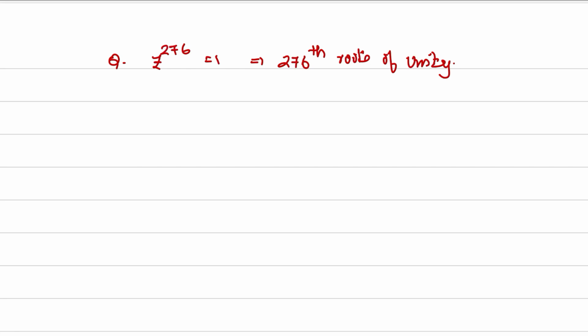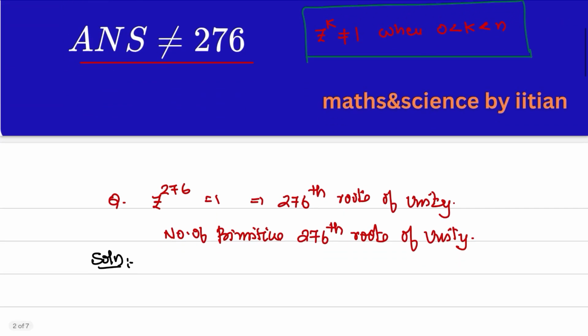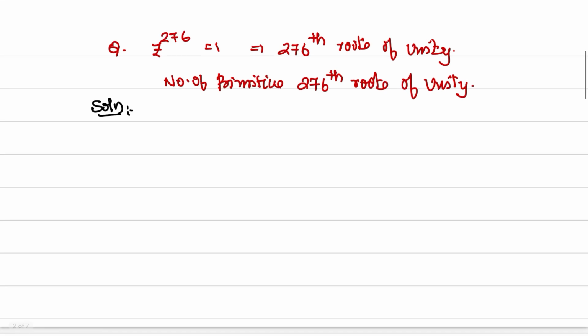For example, to understand this, let us take a small example. Solution. Then what do we require here? The number of primitive 276th roots of unity. This is what is required.